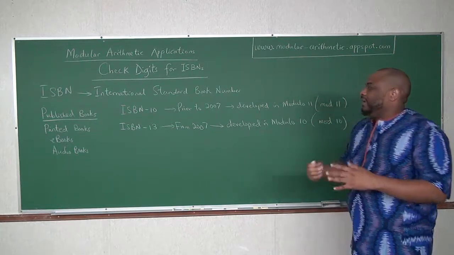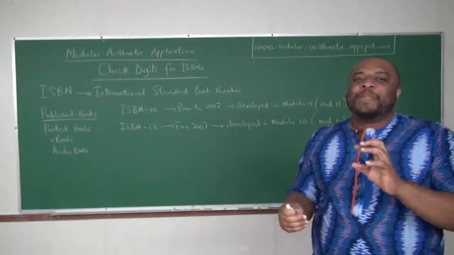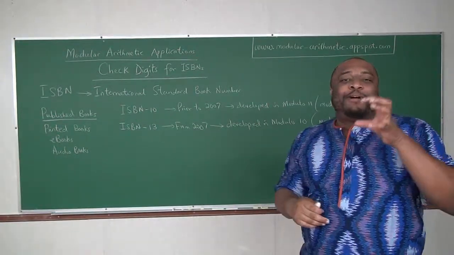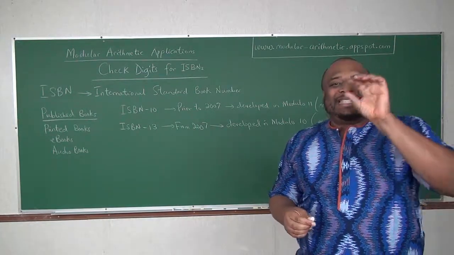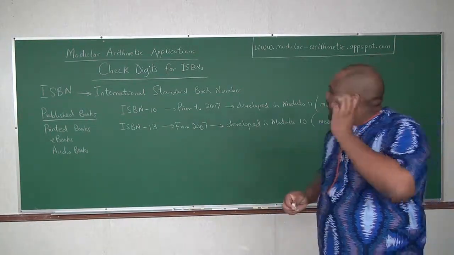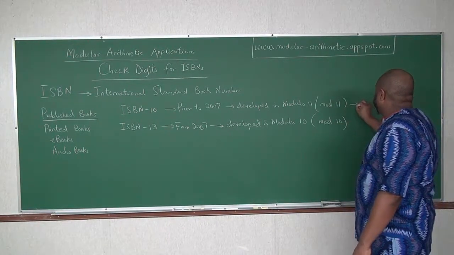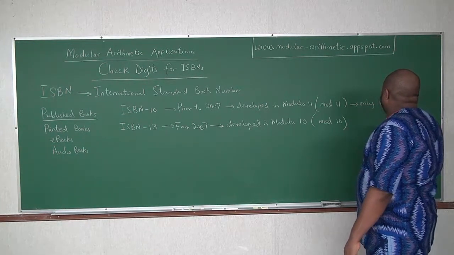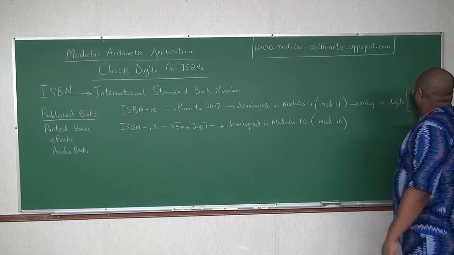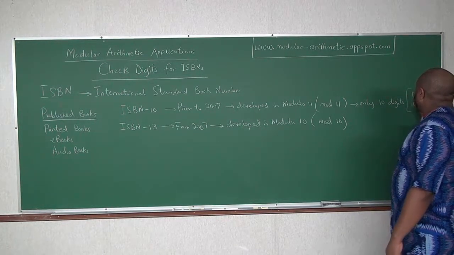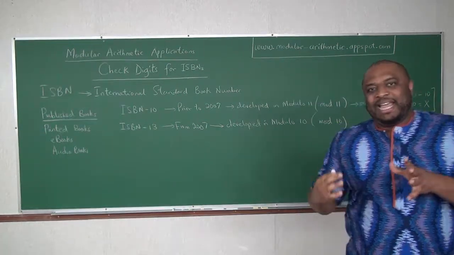Now, when you look at numbers in ISBN 10, you will see from 0 to 10. ISBN 10 means only 10 digits, and it's going to be from 0 to 10, but that 10 you see is X, because it's only 10 digits.